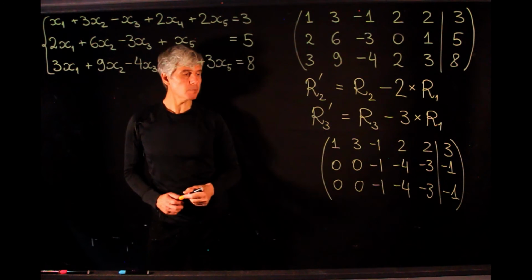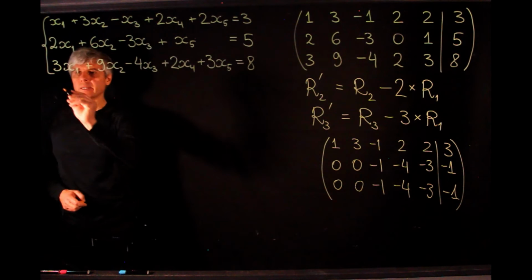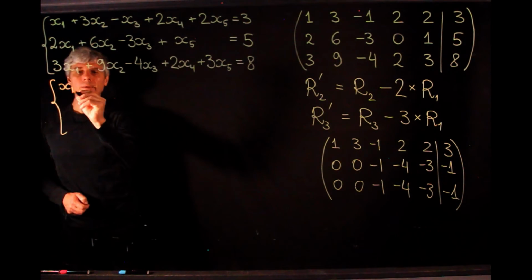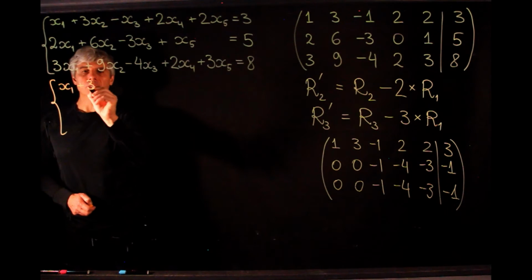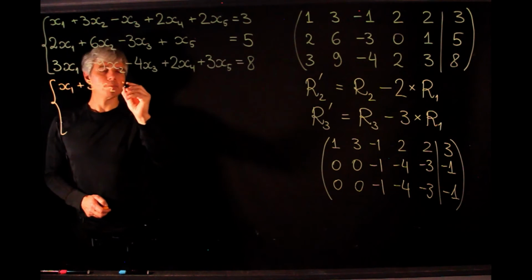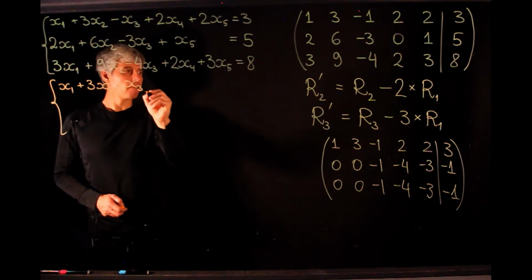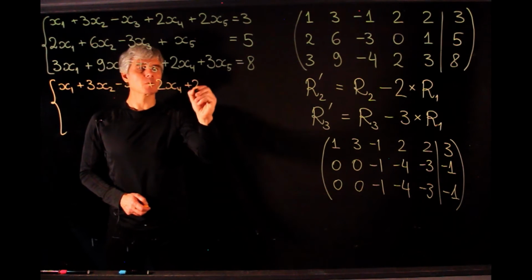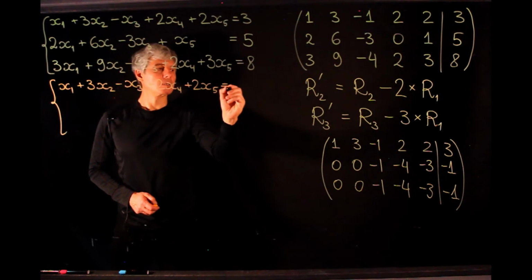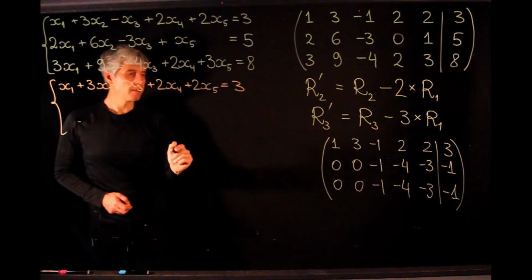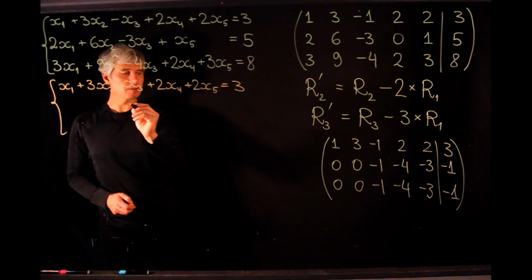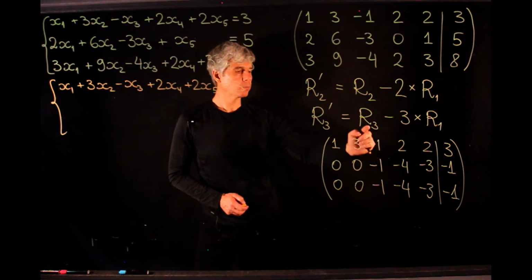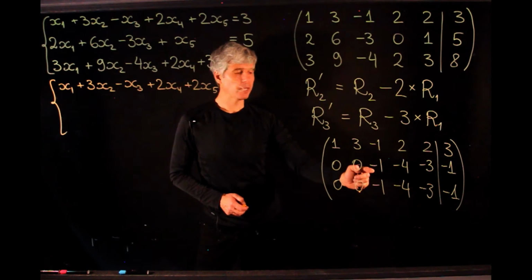If we have this matrix, then we can easily transcribe this as a system of equations. So we have x1 plus 3x2 minus x3 plus 2x4 plus 2x5 is equal to 3. And then we have negative, so this is the third column. The third column corresponds to the variable x3.